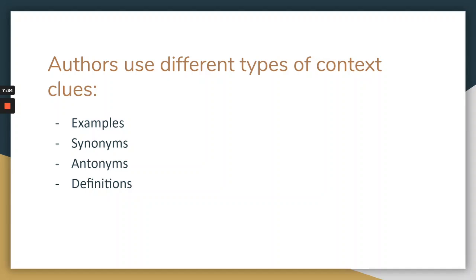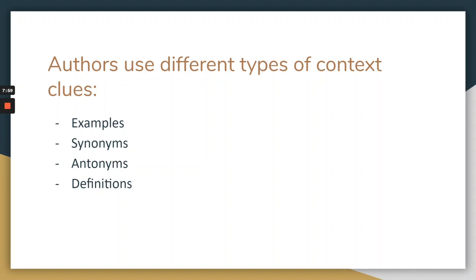Now, I want you to keep this in mind. Authors use different types of context clues. There are different types of context clues that we need to be aware of so that we can find out what certain words mean that are tricky to us.